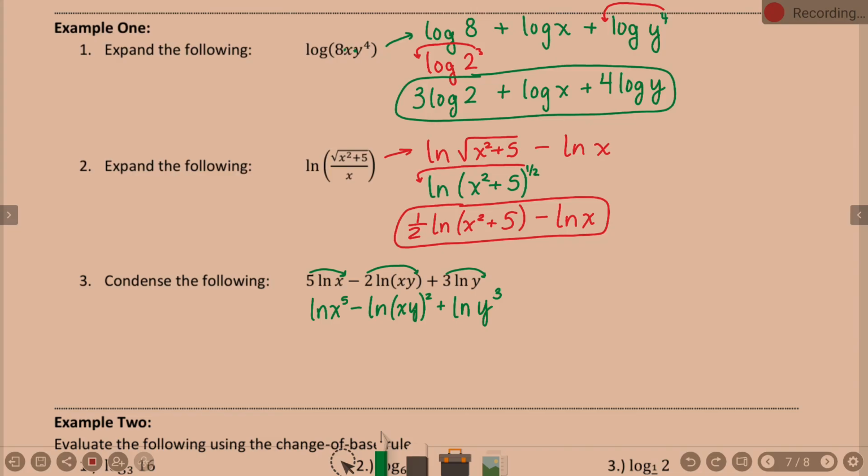So I'm going to keep it as natural log of x to the fifth, but then I'm going to make it plus natural log of y cubed, and then minus natural log of xy squared. As I said, you could do this a different way and still work out the same in the end. My reasoning, though, is I feel like it's going to be a little cleaner if we use our product rule first and then just have one quotient rule at the end. Okay? So what can I use the product rule on now?